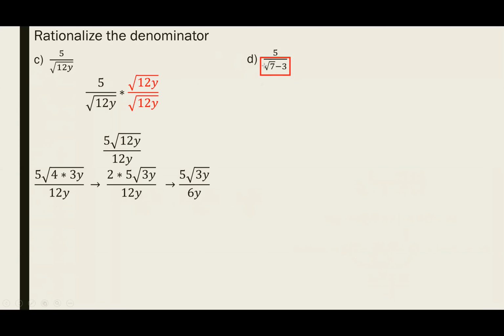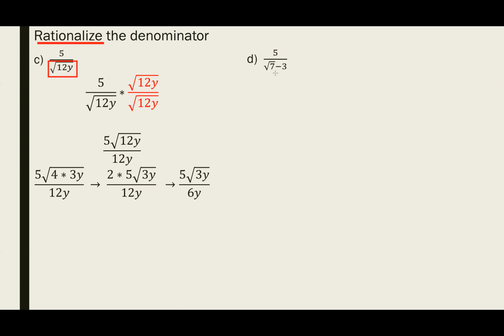Everybody see that this thing here, we have a square root of 7 minus 3, which is not the same as 3 times square root of 7. If you look at this item, we don't have any addition or subtraction. But this item over here, we have a subtraction. So if we look at this, we say, well, what is our goal? Mr. Tran, what do I need to do? Well, our goal is we need to rationalize the denominator.